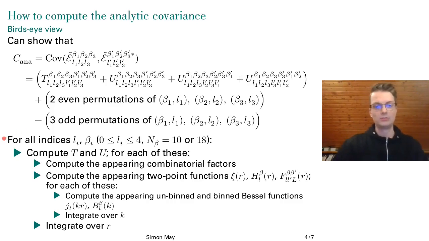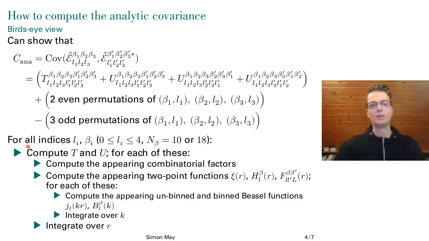Most straightforwardly, what you would have to do is, for all indices L_i and beta_i, where L_i are these spherical harmonic indices ranging from 0 to 4, and beta_i are the radial bins, for example, you could have 10 or 18 of these.